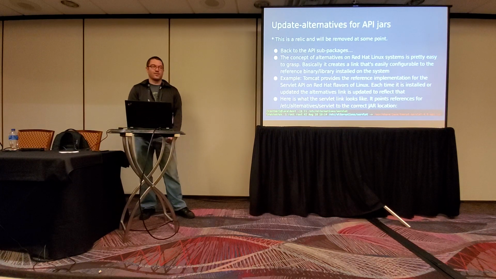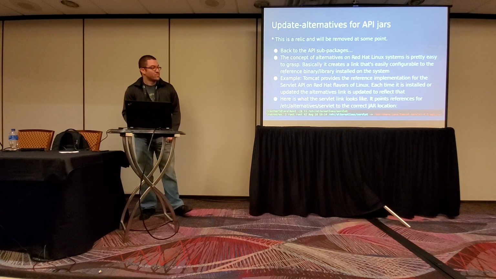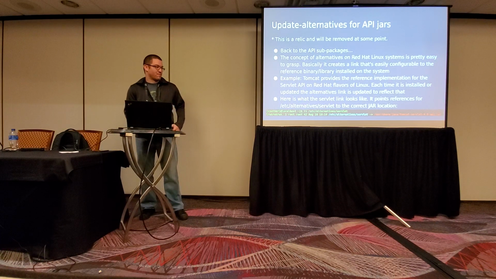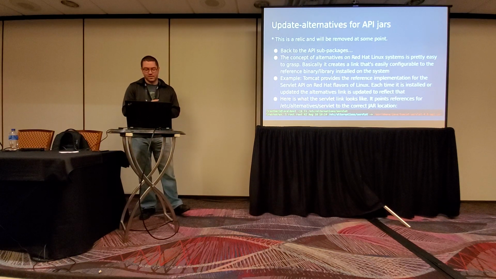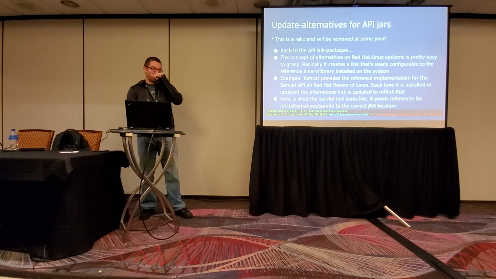Way back in Tomcat 5 or Tomcat 6, that was about the time that the Fedora Tomcat package came about. And packaging Java applications then was really wonky and weird. But because Tomcat provides the reference implementation of the servlet, JSP and EL APIs, they created this thing for alternatives to point to the relevant APIs.